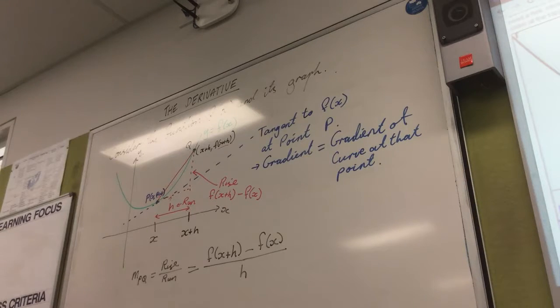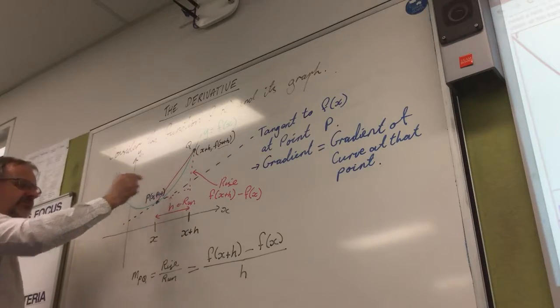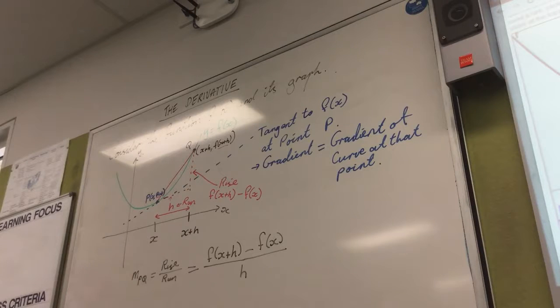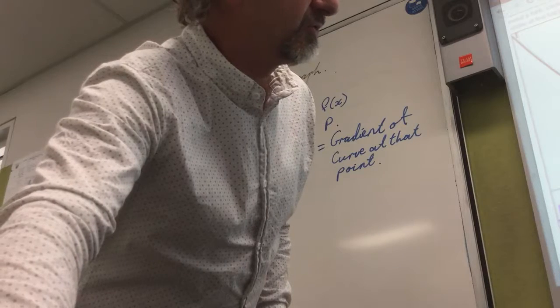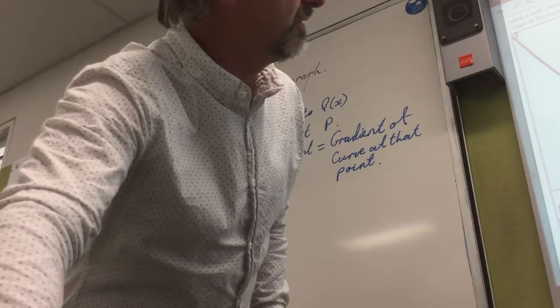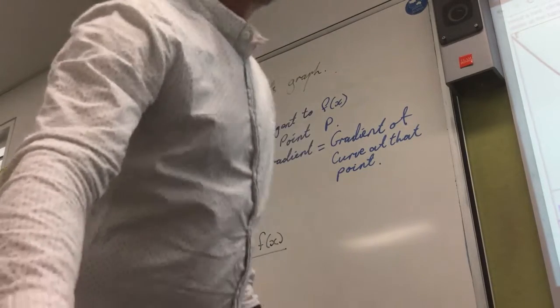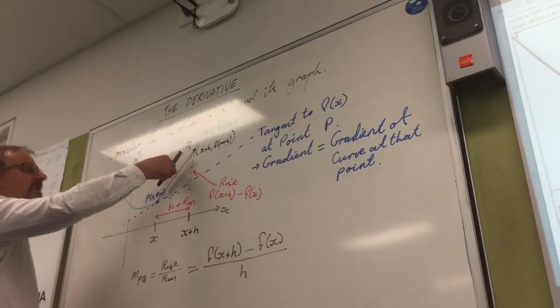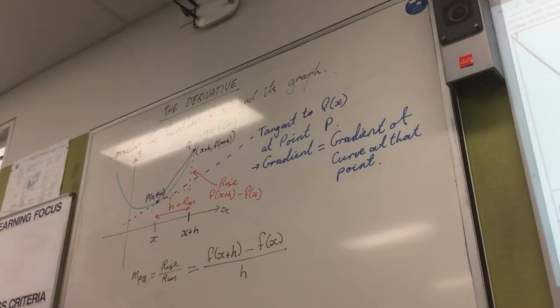Now remember, before I changed this h and I made it smaller. As I made h smaller, you can see on the graphic, I'll make h smaller again. So here on the graphic we've got x equals 3 up to x equals 8, so that's our h of 5, so that's why that's called h. And as I make that smaller, the gradient of that red line gets closer to the gradient of the tangent.